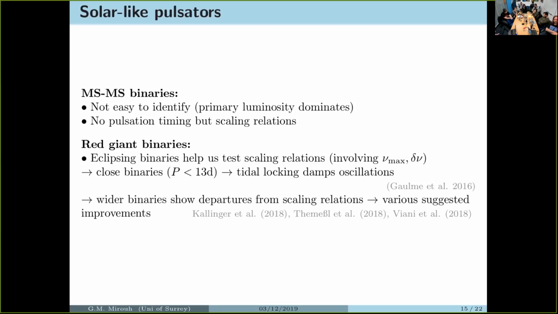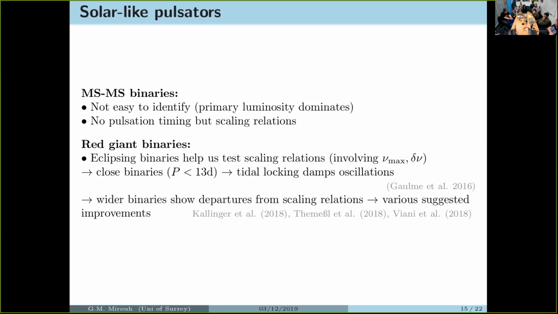That seems to imply that scaling relations are precise, but not accurate. And that was kind of expected because the physics behind scaling relations is really simple. So yeah, you expected some more complexity to show up at some point.